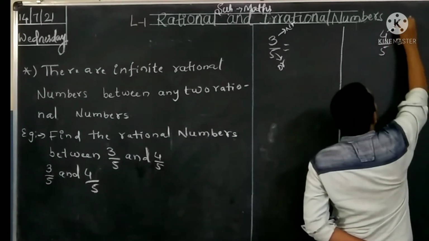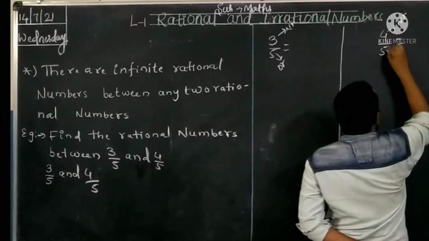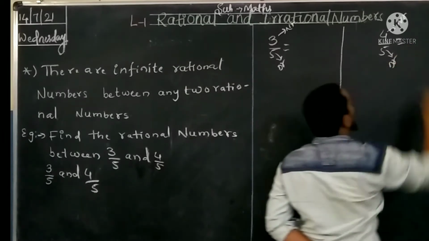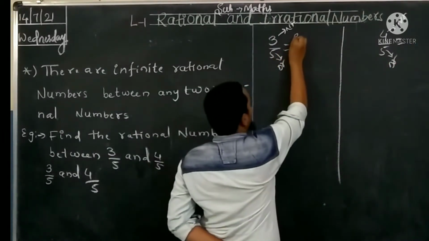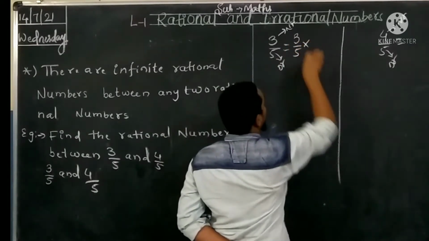In 4 upon 5, 4 is the numerator and 5 is the denominator.